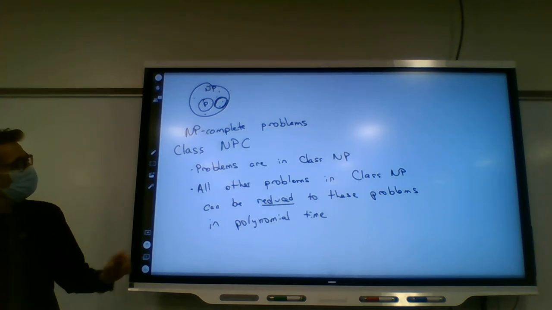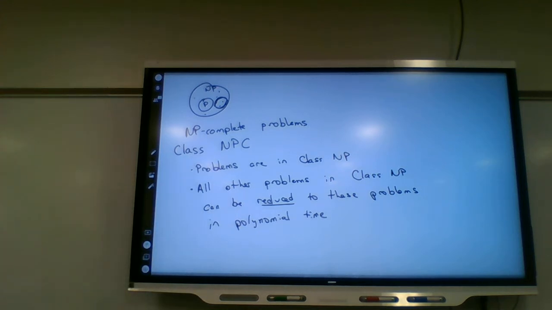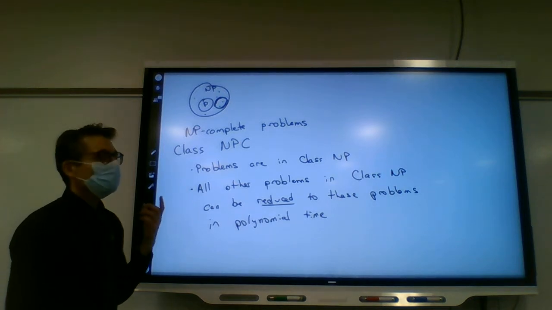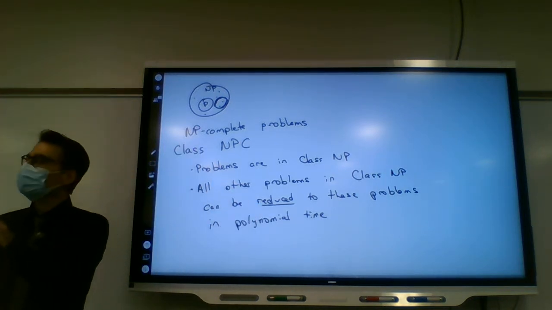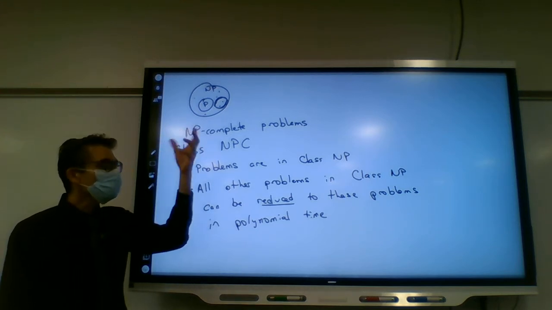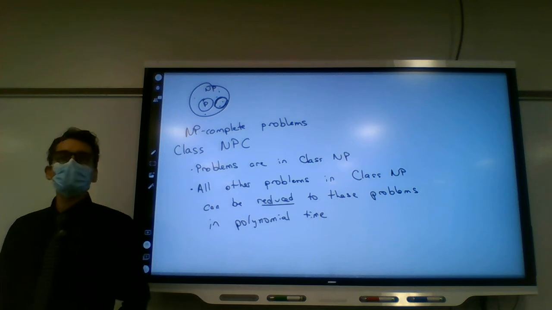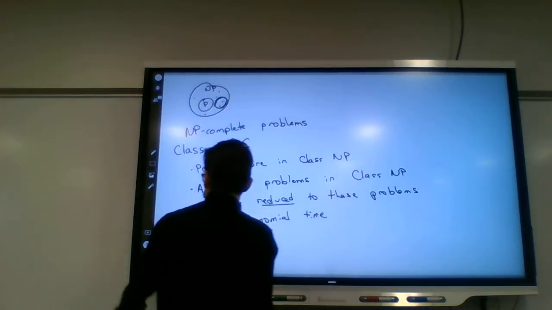Okay, so before we get there, the NP-complete problems turn out to be problems that you can turn other problems into. You can take a problem that doesn't look like this, turn it into one of these problems, and then if you can answer it, you can send that answer back. So let's think about what happens in terms of an algebra class.